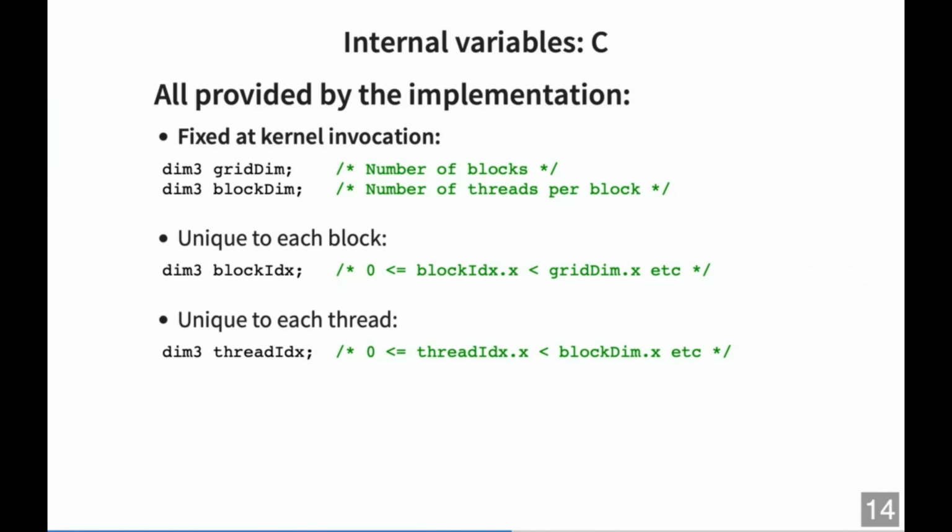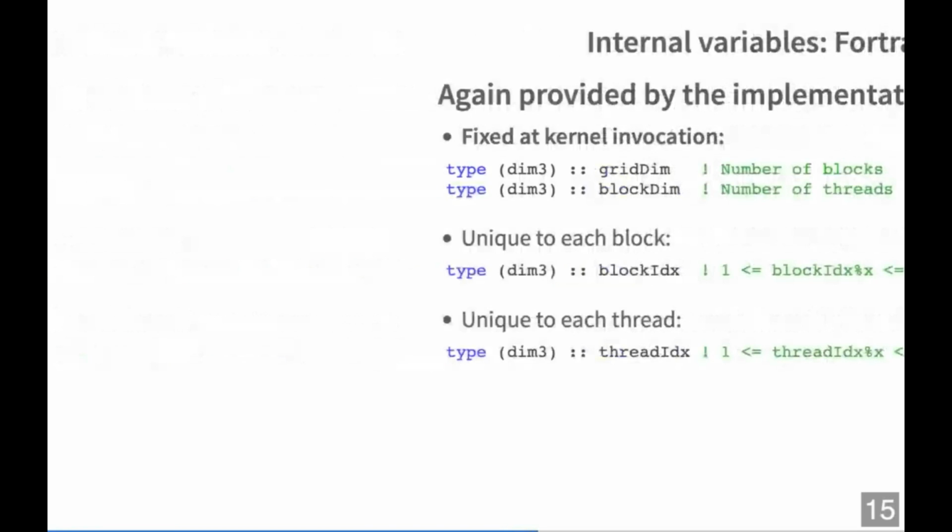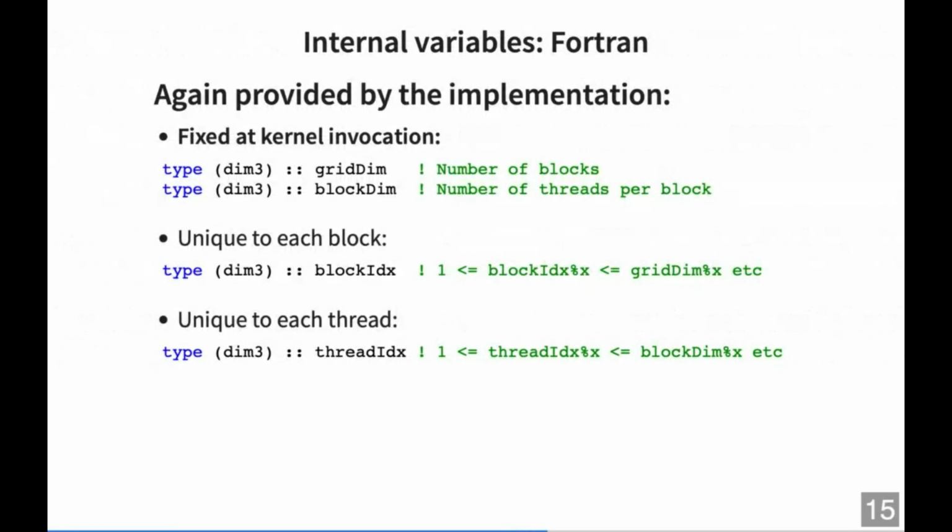Block dim is the number of threads per block in each direction. And then unique for each block is the block index and the thread index, the thread index being unique to each thread, I should say. And likewise in Fortran.